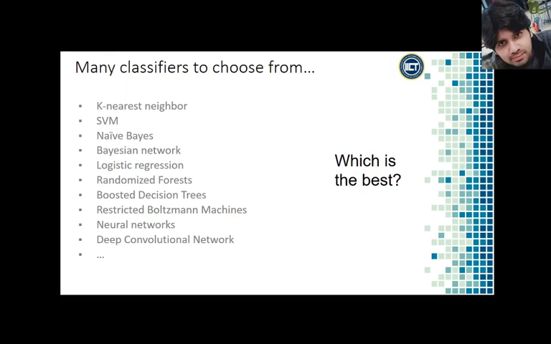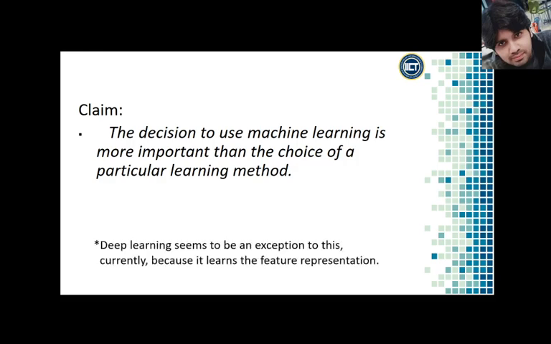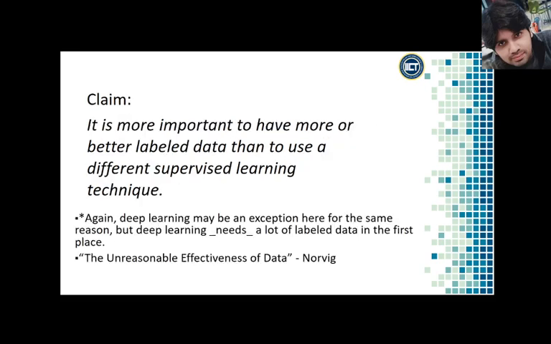Now there are some claims which I want to clarify. The decision to use machine learning is more important than the choice of a particular learning method. But of course, with an exception to deep learning, because it learns the feature representation itself, and there is the unreasonable effectiveness of data, because deep learning requires a large amount of data.